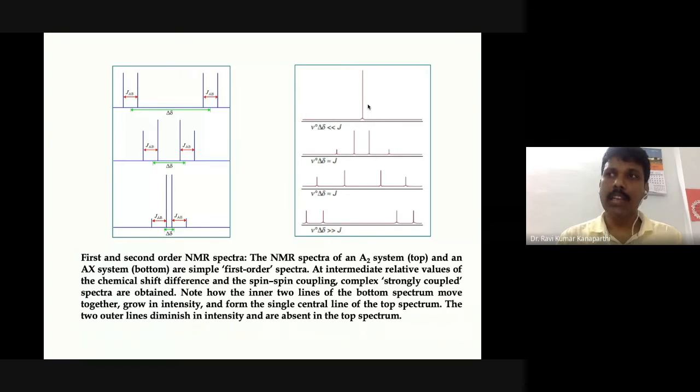If there is a splitting and if there is no splitting, how they are, and you will have 4 energy spin states: alpha alpha, alpha beta, beta alpha, and beta beta.